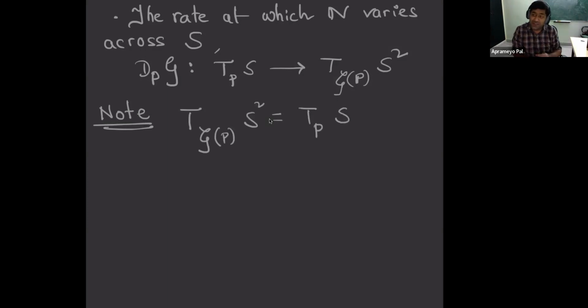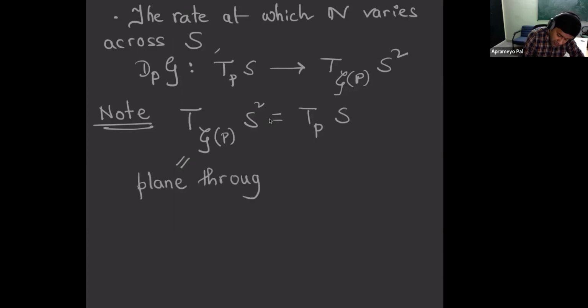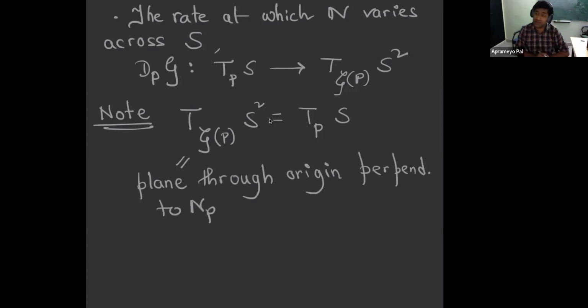So that we can see by simple consideration, because what is T_{G(P)} S2? By definition, this would be the plane through the origin which is perpendicular to N_P, right?